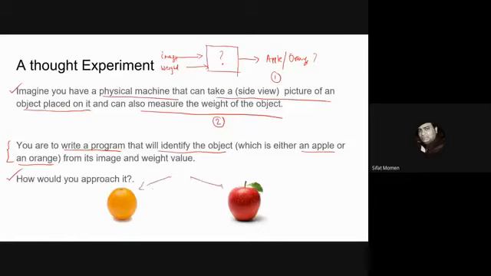The orange is completely round. But bear in mind, I said you're going to take the side view picture, not the entire picture. So how would you judge the shape? Okay, these are things to think about. Any other strategies anybody has in mind?